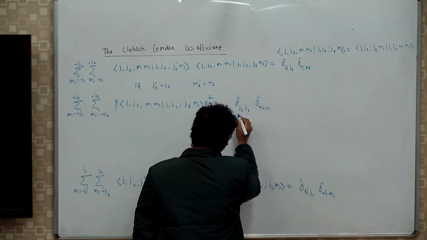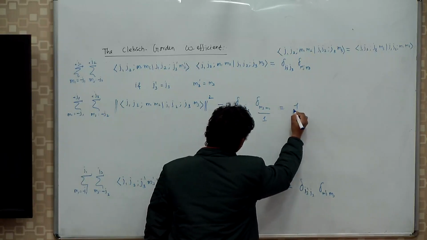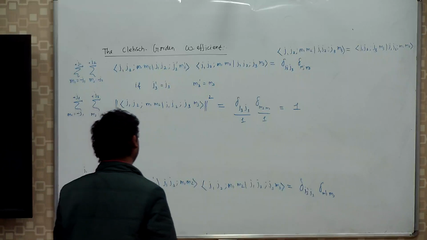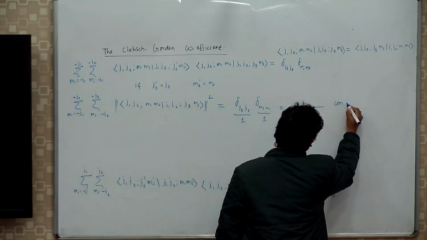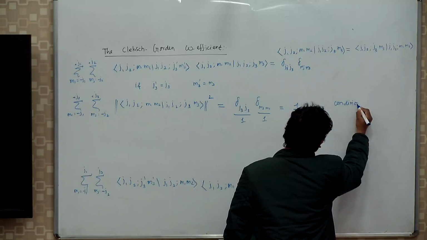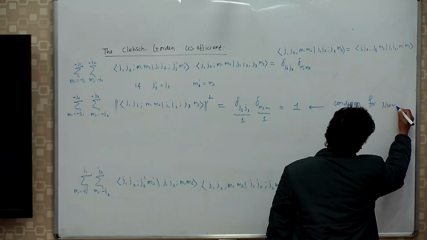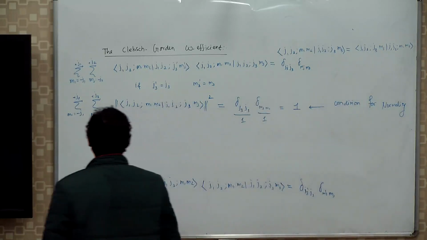So this term is 1 and this is also 1, so it is nothing but 1. So this is the condition for normality.